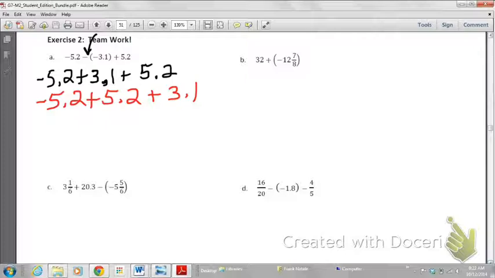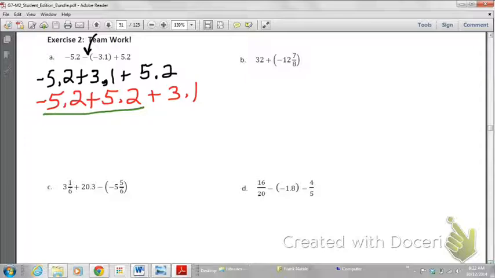I wanted to put this negative 5.2 and 5.2 right next to each other. Again, not entirely necessary, but in terms of steps in the process, it is indeed necessary. If you are asked to do it, that's what you need to do.